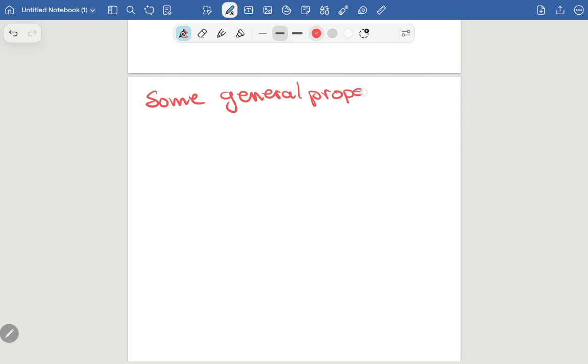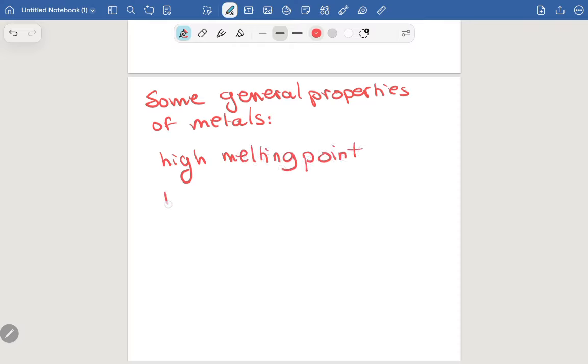of metals. The first general property of metal is that it has a very high relative melting point and boiling point. So high melting point, high boiling point. Now, why exactly do they have a high melting point and a high boiling point?